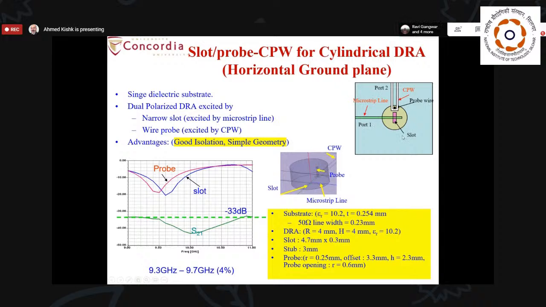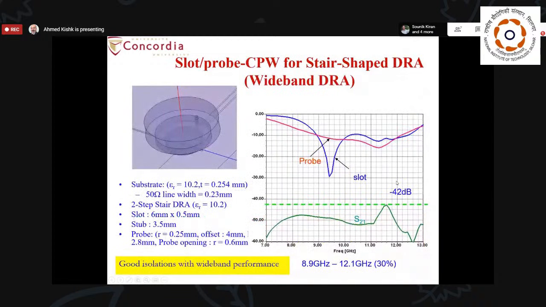So having two excitations as such can also improve the isolation between the two polarizations. We used this in a wideband element, one probe coming from the CPW, and the narrow slot excited by a microstrip line, and you can see we have wider matching bandwidth and good isolation, even better than 42 dB.